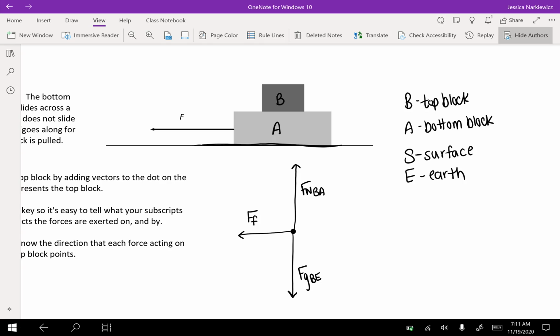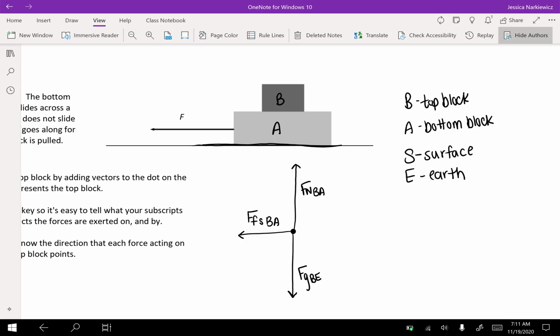Now this friction force, because A and B are at rest relative to each other, is going to be a static friction force on block B, and the surface creating that is by block A. Okay. So those are the three forces acting on block B.